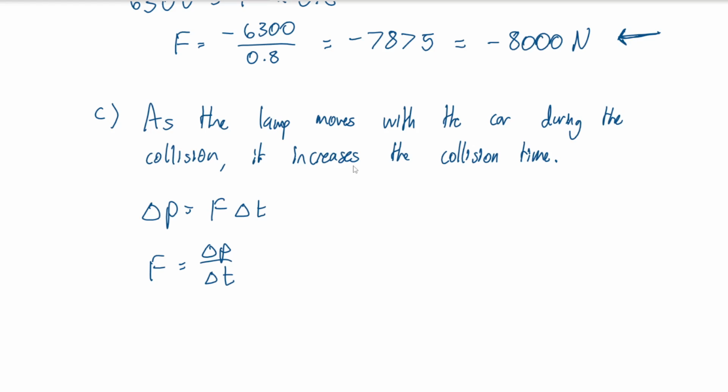And so if we increase the collision time, the impact force will decrease, because they're inversely proportional. So it increases the collision time, which decreases the force on the car.